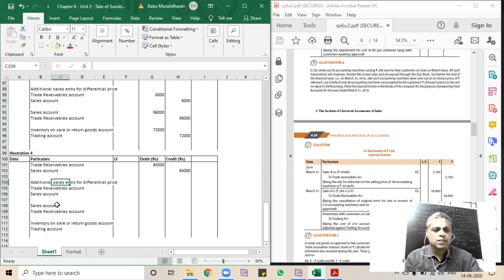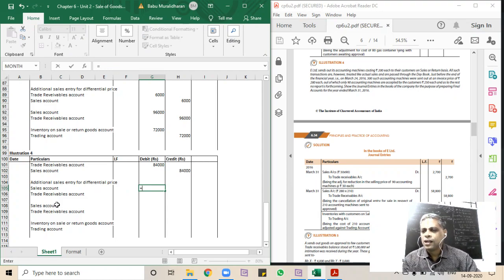Then what happens is an additional sales entry for differential price. This will be in the reverse order, because it has been sold at lesser price. Yes, you're right. It has been sold at lesser price. So 90 accounting machines into 50 rupees. Right? 50 rupees is the differential price between 280 and 230.